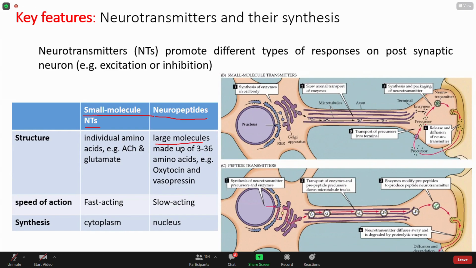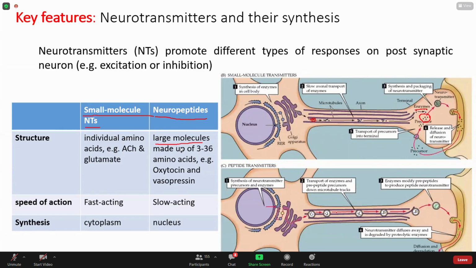However, the enzymes that contribute to the synthesis of these small molecule neurotransmitters are transported from the soma, from the cell body. So here we have the enzymes coming to help in the synthesis of these small molecule neurotransmitters, okay?